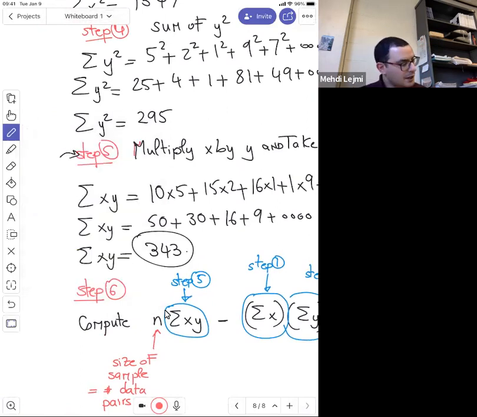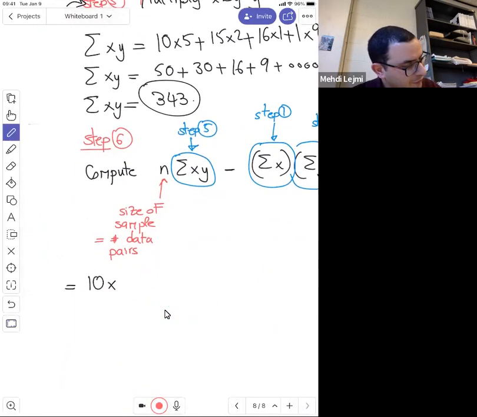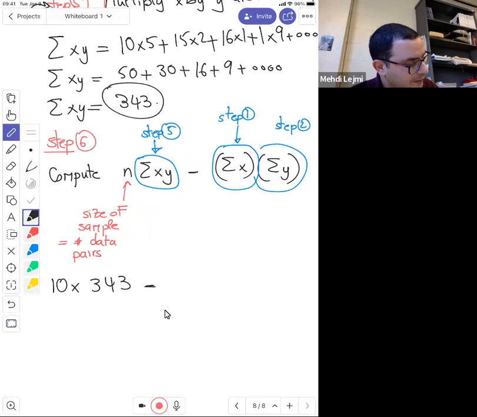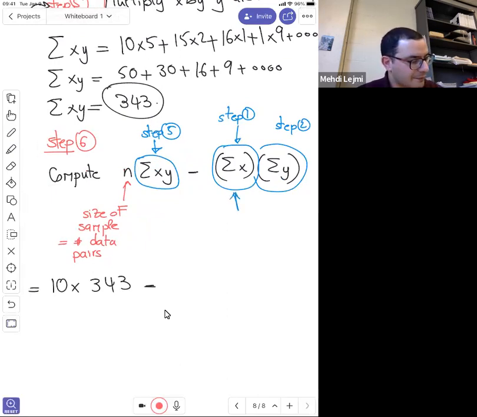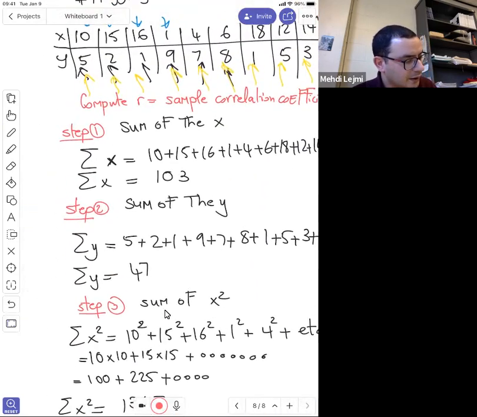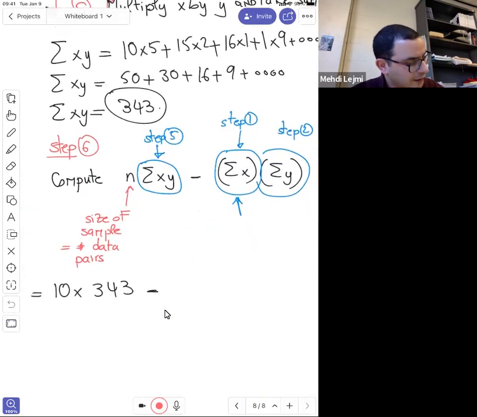So here, we multiply 10 by 343, minus, and then we have the sum of the x's. That's from step 1, the sum of the values of x. In step 1, we computed the sum of the x's, the 10 plus 15, etc. So we got 103.